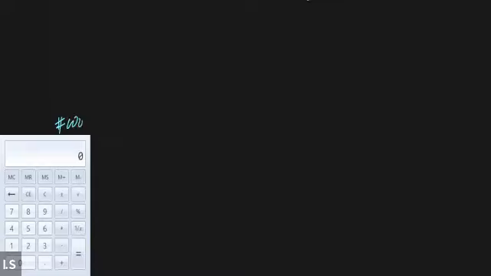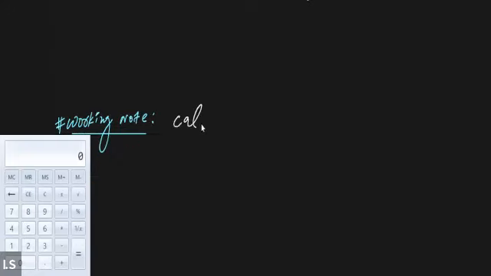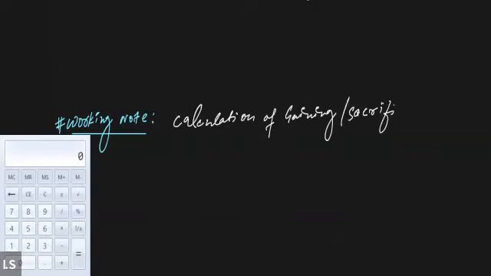For that purpose, we will prepare a working note, showing the calculation of gaining and sacrificing shares of the partners.